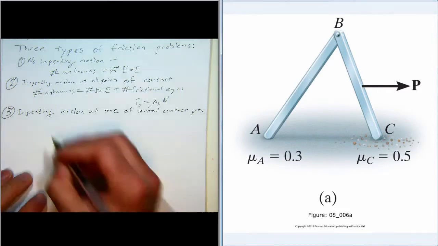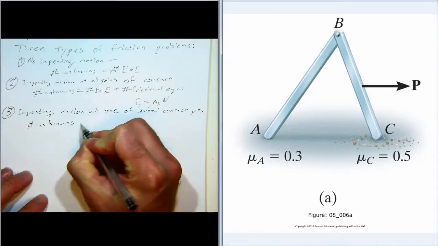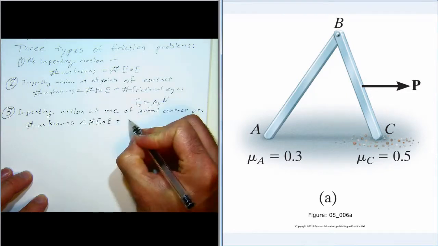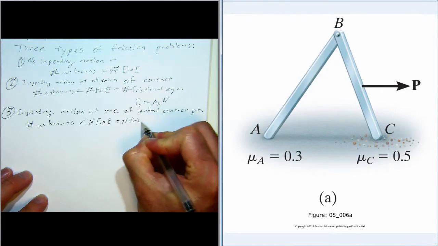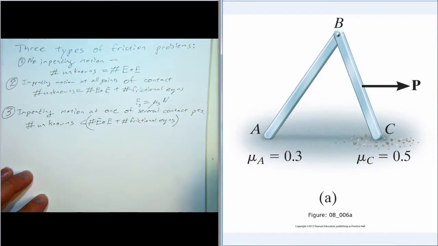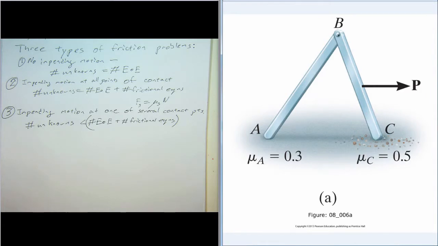And so in this case, the number of unknowns is less than the number of equations of equilibrium plus the number of frictional equations. So that total number of equations is more than our number of unknowns. And so the way we find out what's going to happen is we go ahead and try both cases.